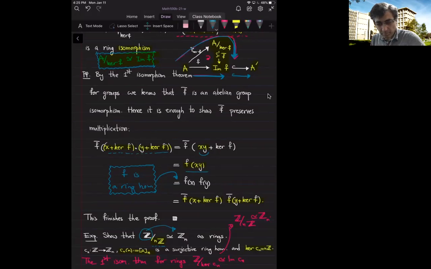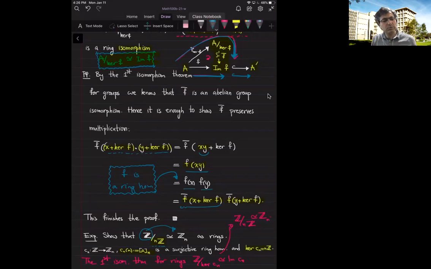But F is a ring homomorphism, and therefore it preserves multiplication. So I end up getting F of X times F of Y. F of X is F bar of X plus kernel of F. And F of Y is F bar of the coset that's represented by Y. So altogether, we deduce that F bar preserves multiplication, and so F bar is a ring homomorphism. Combined with the fact that it's a bijection, we deduce that it's a ring isomorphism.